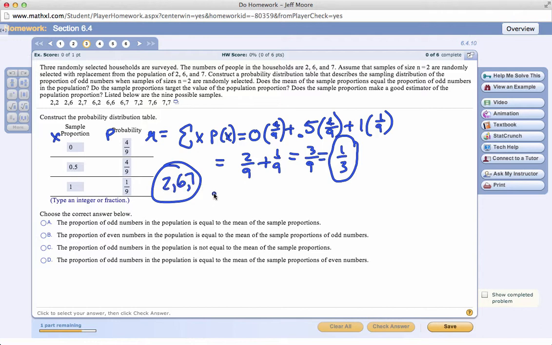So that proportion is 1/3. 1 out of 3 of these values are odd. So we want to look through here and find the response that says that the proportion of odd numbers in the population is equal to the mean of the sample proportions, which will be A.